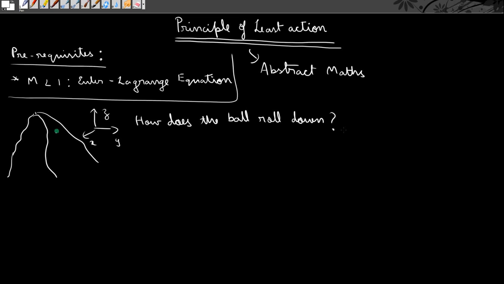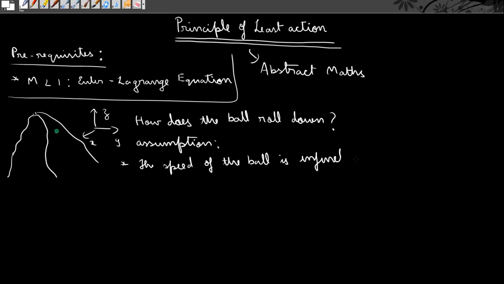Now, before we answer this question, I want to make this particular problem a little bit less complicated, and the way we are going to do that is by the following assumption. So the assumption is that the speed of the ball is infinitesimally small.